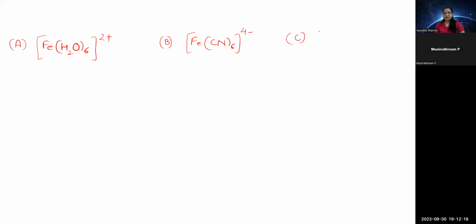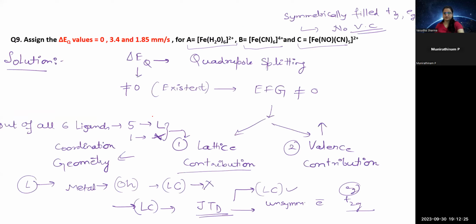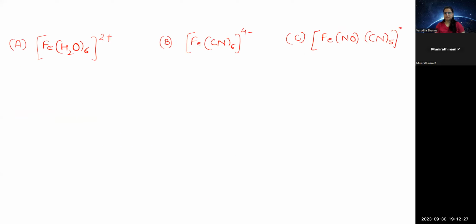So firstly we have iron aqua 2+. Second one we have Fe(CN)6 4-. And third one that we have is Fe(NO)(CN)5 2-.